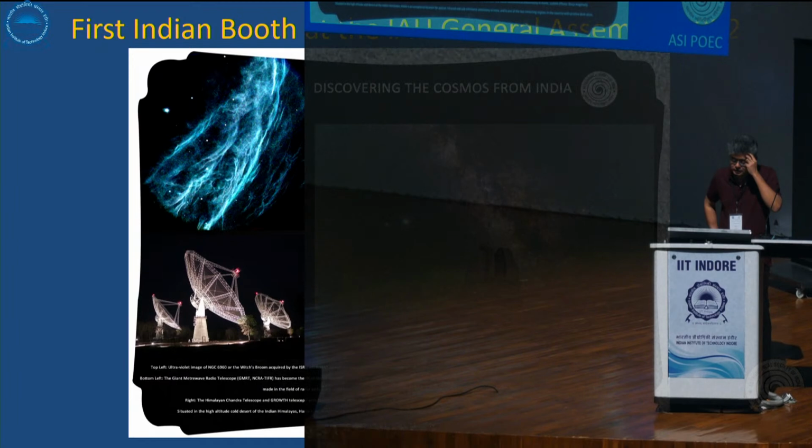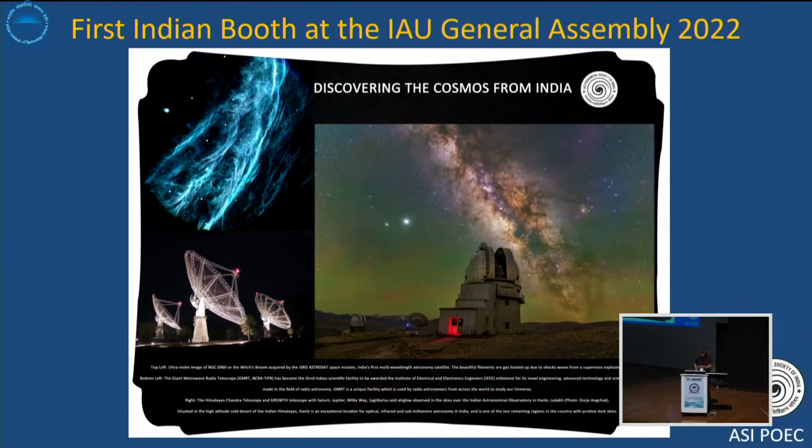What you see here is the Himalayan Chandra Telescope, and I believe also the GROWTH telescope, and the Milky Way. On the top left, you have an image of the Witch's Broom nebula from the AstroSat mission, and on the bottom left you of course have the antennas of the Giant Metrewave Radio Telescope.